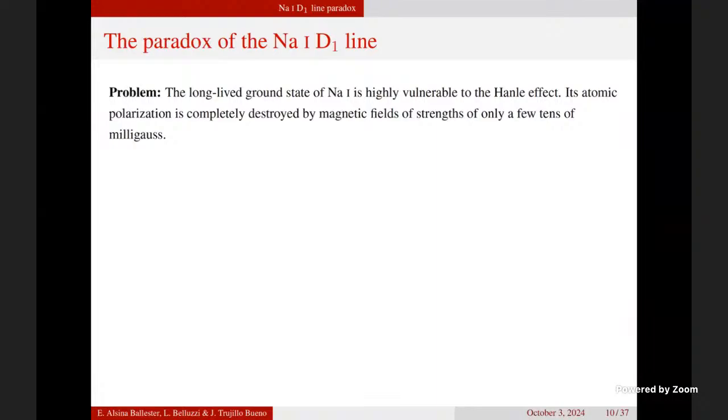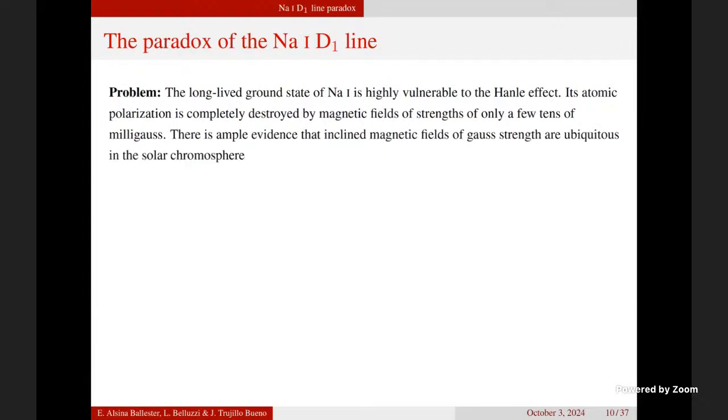However, this posed a problem because, as I mentioned, long-lived levels are very vulnerable to the Hanle effect. And indeed, for the ground state of sodium, one would expect that magnetic fields of only tens of milligauss, sorry, would destroy this polarization completely. However, there is ample evidence that such magnetic fields are found throughout the solar atmosphere.